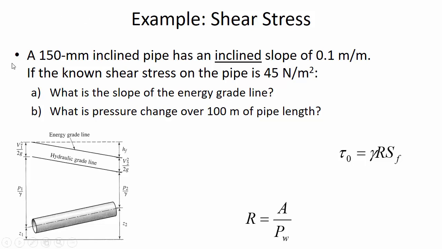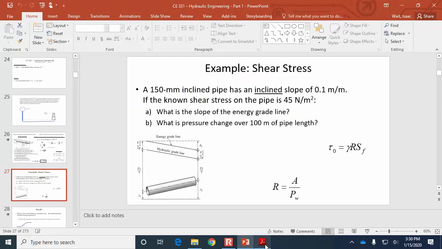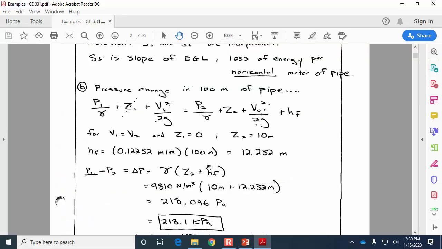The difference in elevation between 1 and 2 is accounted for in the energy equation, but then it also accounts for the energy loss due to pipe friction, the H sub F. So I've canceled out the Z terms, the velocity terms, because the pipe diameter is constant, which means that the velocity won't be different between 1 and 2. And I assumed that the elevation at 1 was 0 and the elevation at 2 is 10 meters. So 218 kilopascals will be the pressure change downstream.